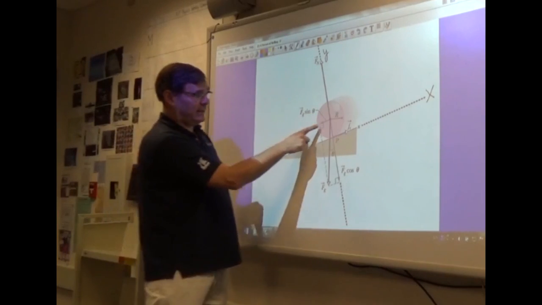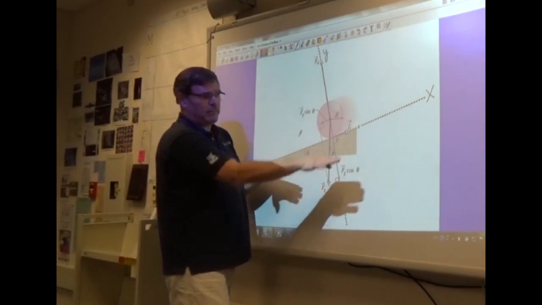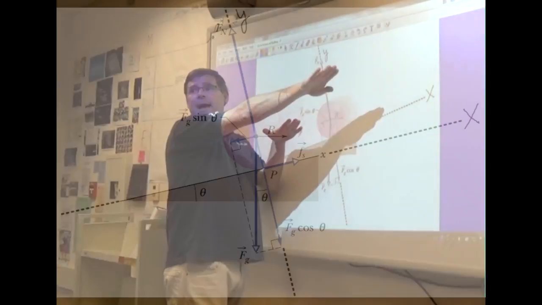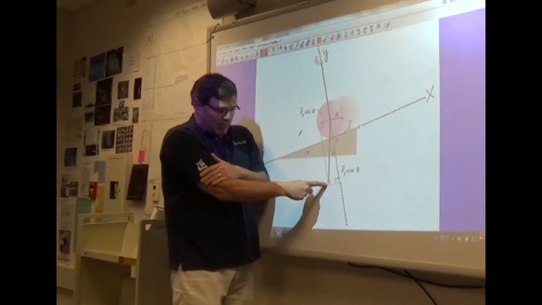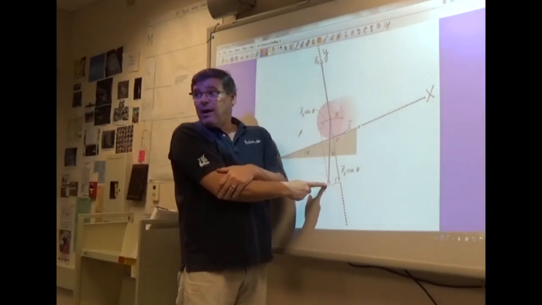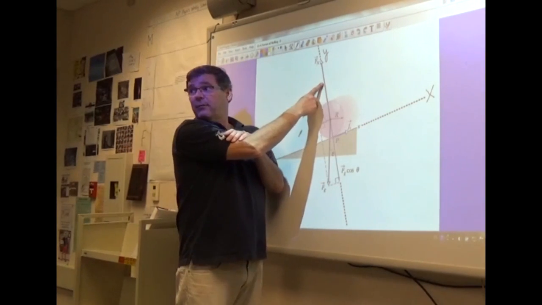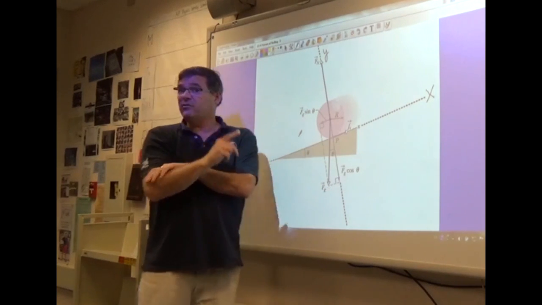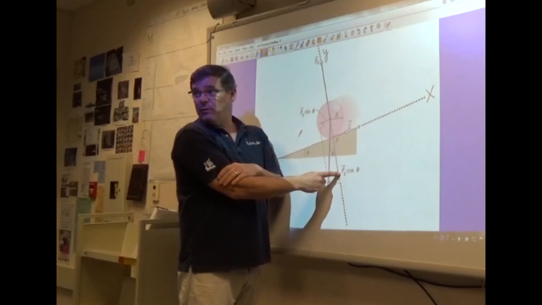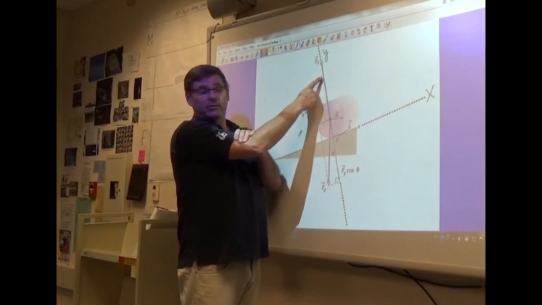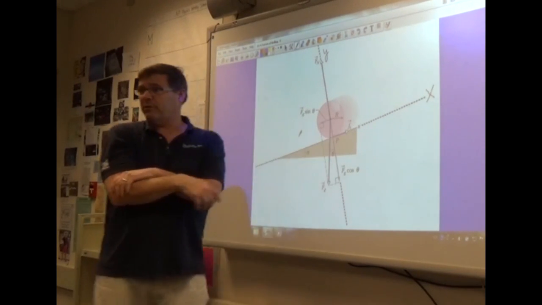Remember, when we have an incline, we tip our axis so that the incline is the x-axis and perpendicular to that is the y-axis. Now my weight is no longer on the y-axis. The normal force is on the y-axis, but the weight is not, so I can resolve it into its x and y components. The y component cancels out with the normal force, so in the y direction there's no net force and no acceleration.